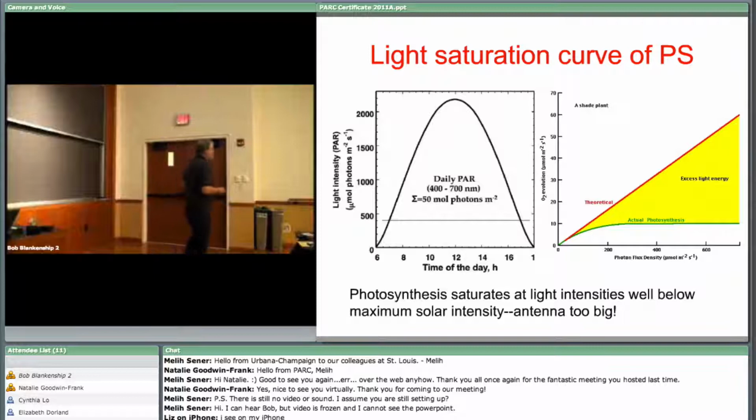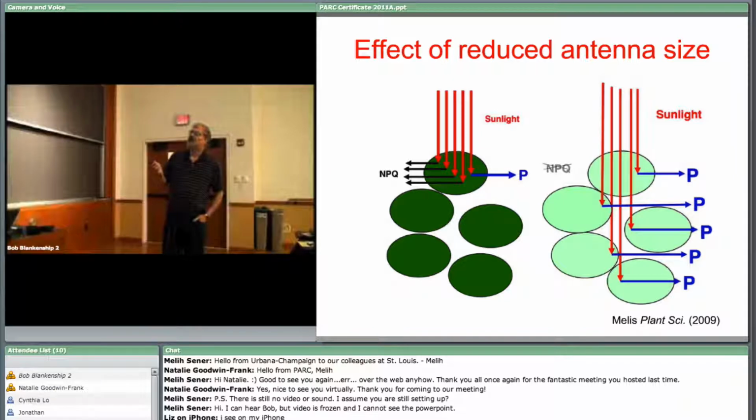So the organism is collecting more light than it really is able to utilize efficiently. It has some very sophisticated mechanisms for dissipating that. That obviously doesn't lead to productive energy storage. So one of the ways to try to resolve this problem is to decrease the size of the antenna.